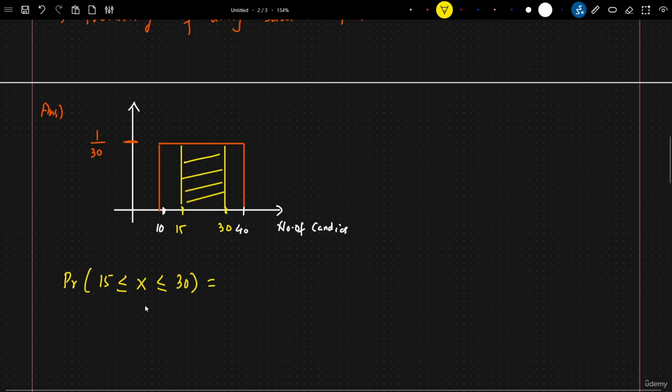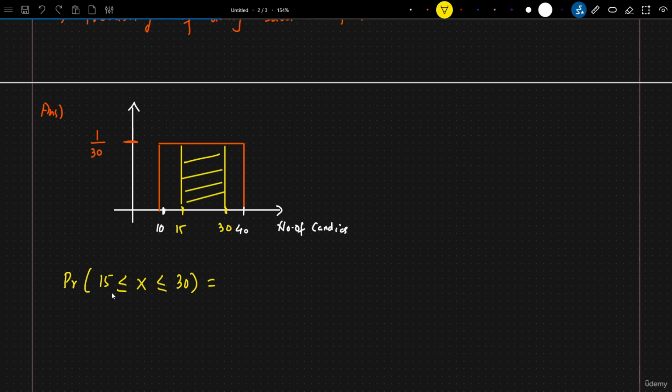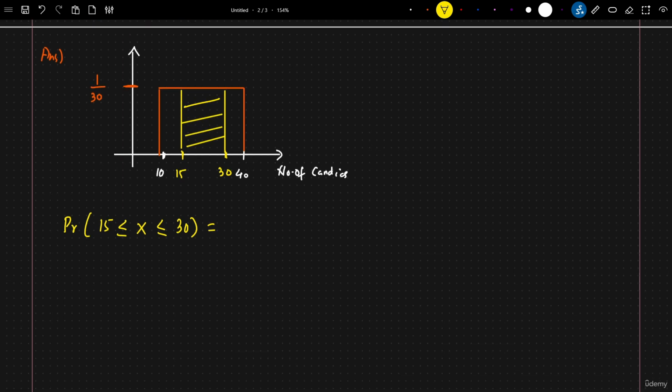Now, in order to calculate this, it is very simple. First of all, we will define two variables. One is x1, which is 15. X2 is 30, right?